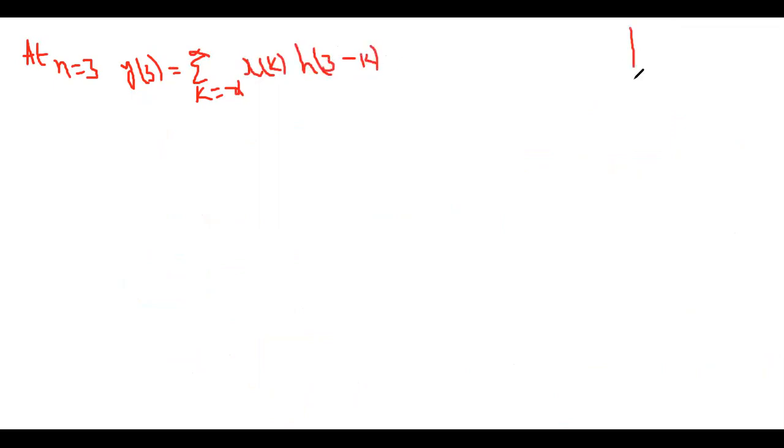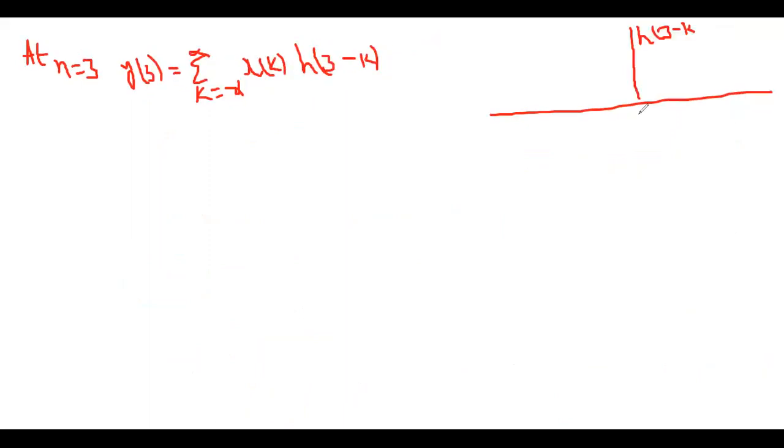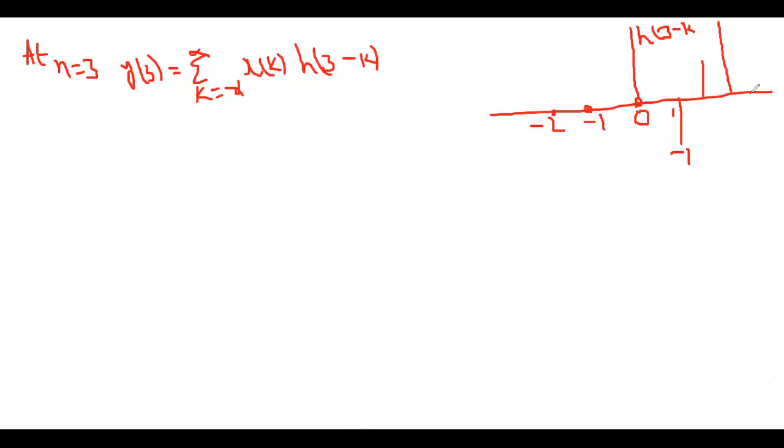What is the h of 3 minus k? At 0, now the minus 2, minus 1, all the values are zeros, my students. Now it starts at the 1. 1 is a minus 1. Okay. The values are 1, minus 1, 1, 2, 1. Minus 1, 1, 2, 1. Okay. 2, 3, and 4.